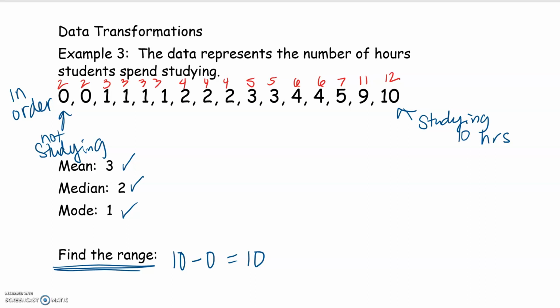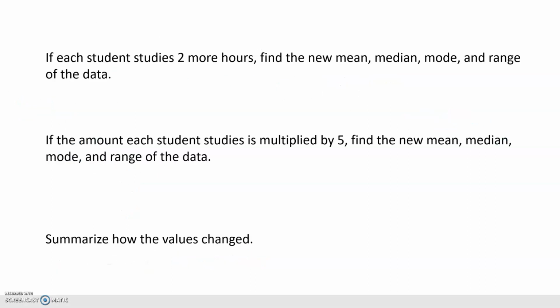What I want you to do, go ahead and pause the video, is add those numbers together and then divide by how many numbers we have. So I want you to find your new mean. The cool thing is our mean is actually 2 more than our old mean.